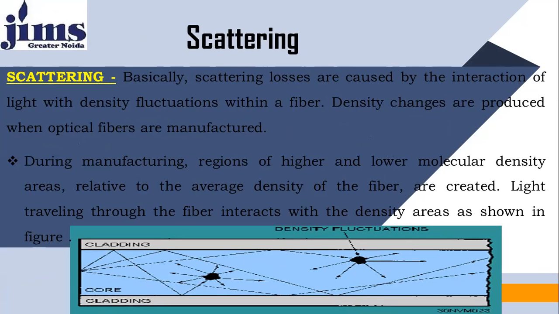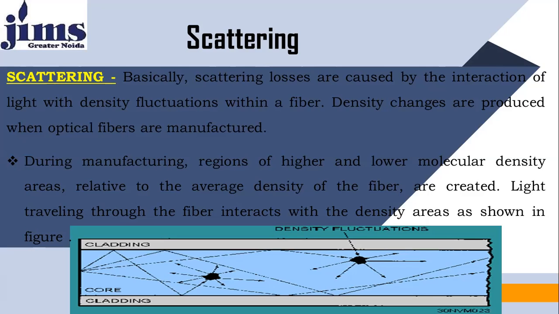So there is a density fluctuation, and because of that, scattering occurs. Scattering means the light is scattered all around the core region, not focused on a particular line. Because of that scatter, some part of the light comes to the cladding region or out of the cladding region, and that is a leakage. And that creates a loss of energy, right?